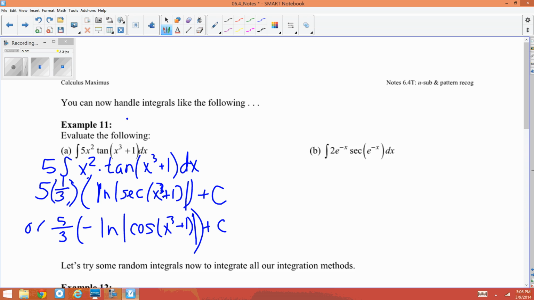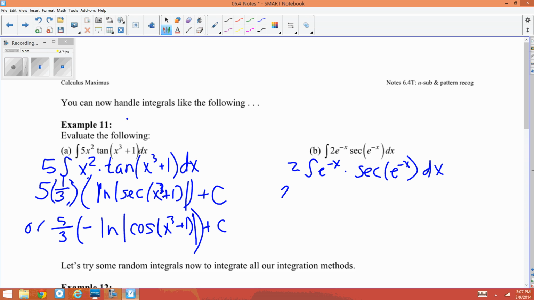Alright, got it all. This is another problem that you couldn't have done before. I'm going to pull the 2 out. And then I have e to the negative x times secant of e to the negative x. Well, the derivative of e to the negative x would be negative e to the negative x.